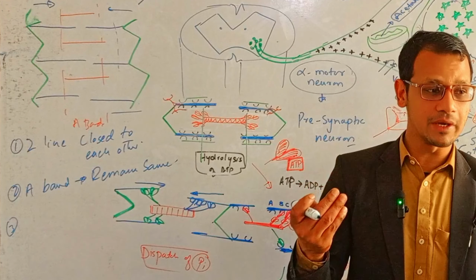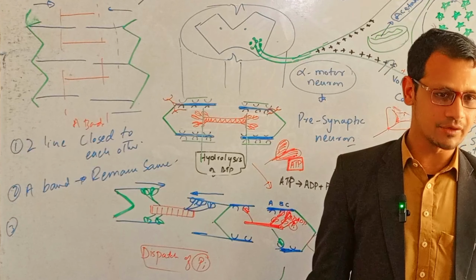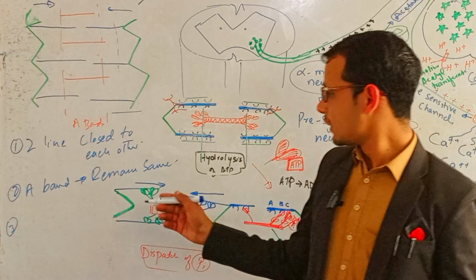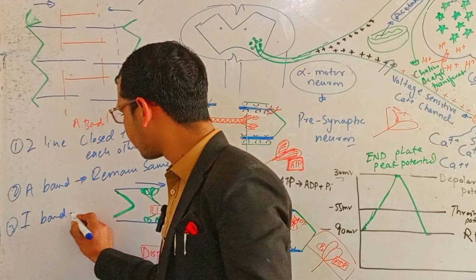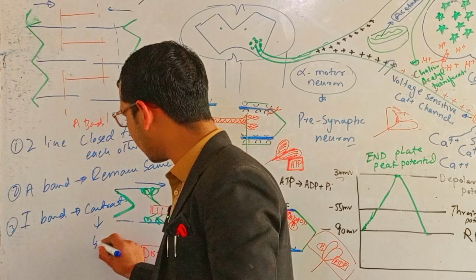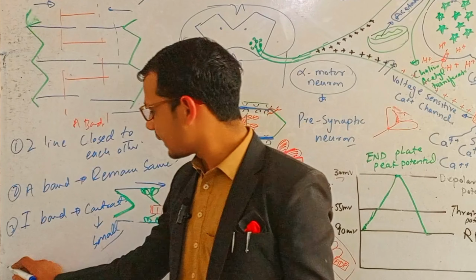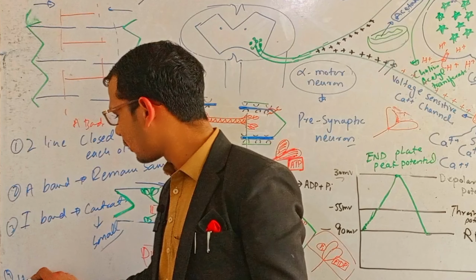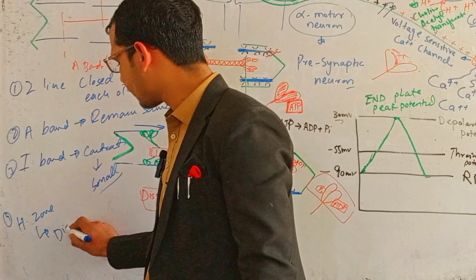It contracts, so the I band will become smaller, less. The next step, the I band contracts, meaning it becomes small or less. The next thing is the H zone. What happens to the H zone? It will disappear.